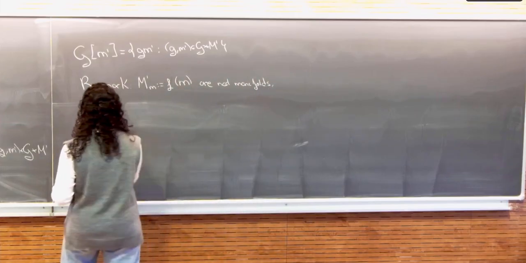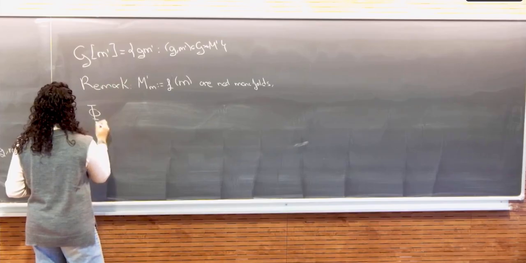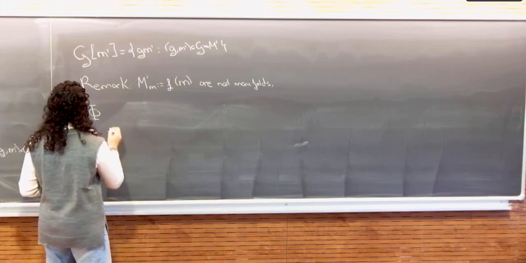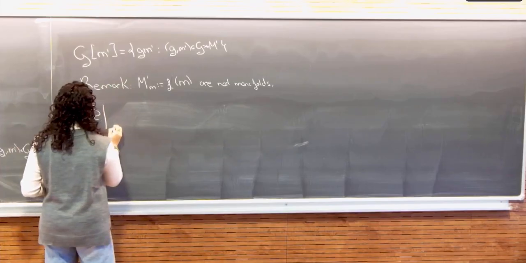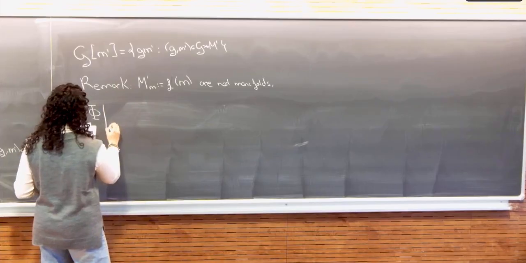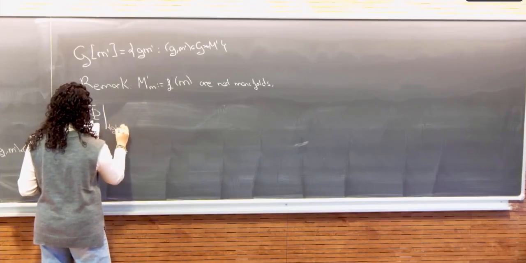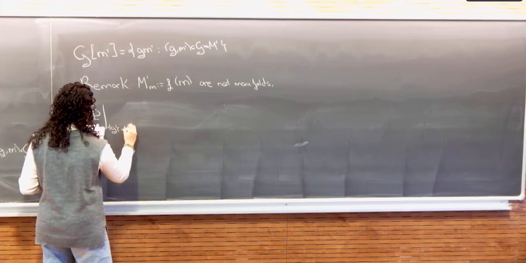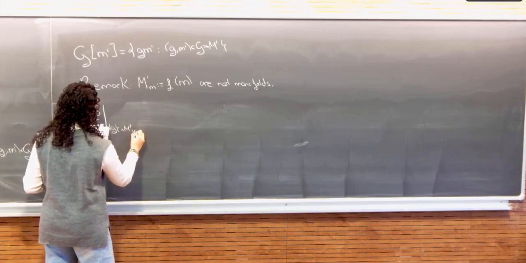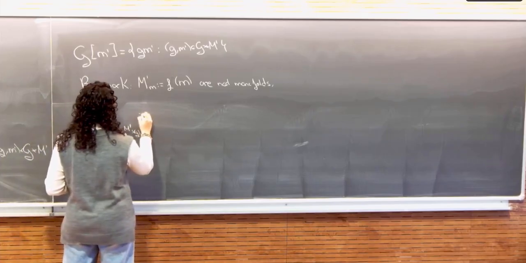So obviously the action map restricted to the fibers is not smooth.